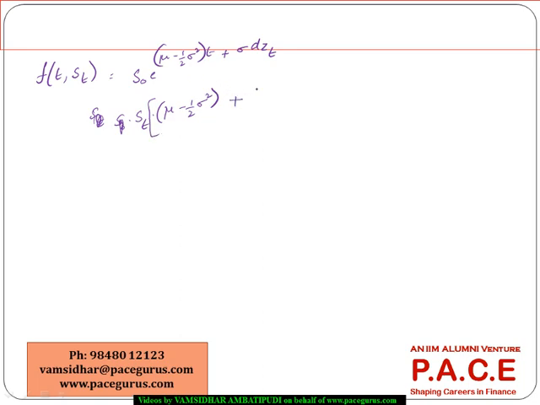Then the same logic I can do for dou f by dou Z_t. Z_t is like a standard Brownian motion here.